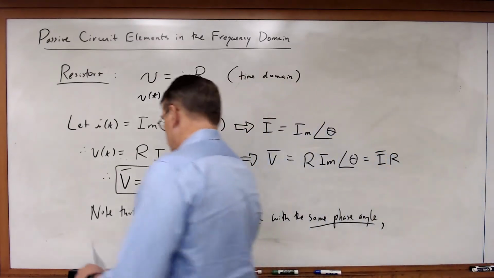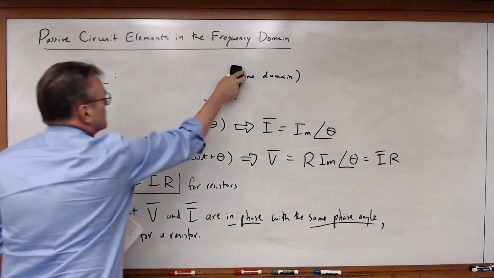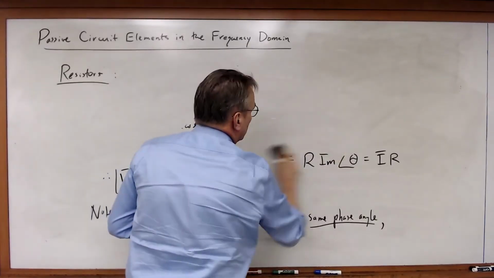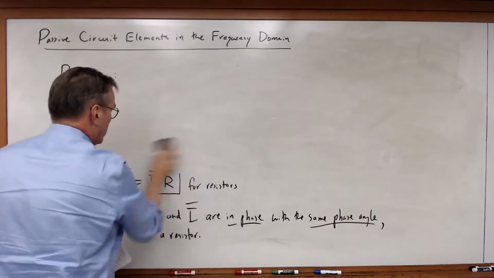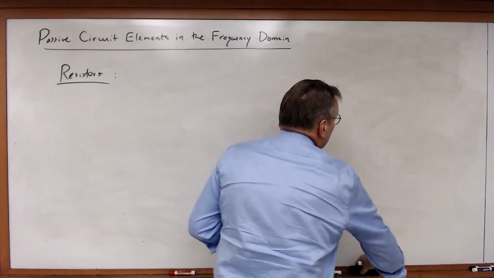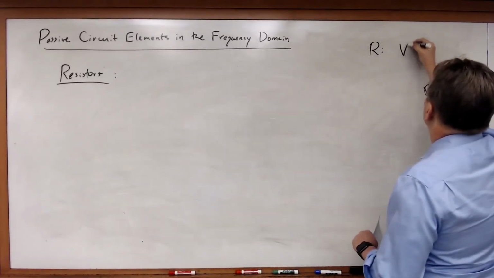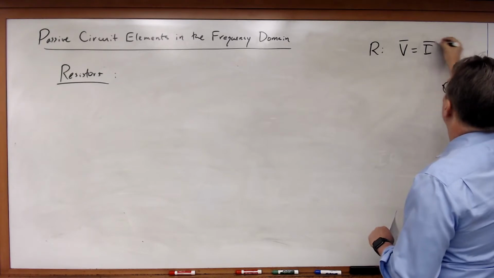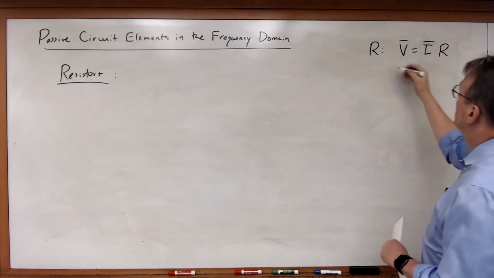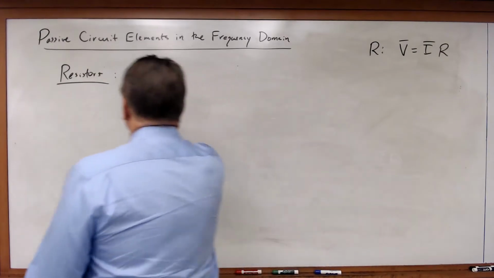What about inductors? Let's look at those. And over here, I'm just going to write up here for resistors, V is equal to I times R. We'll keep that up here and come back to this later. But for now, let's look at inductors.